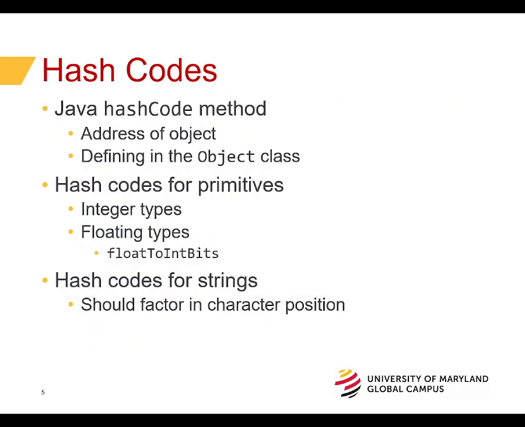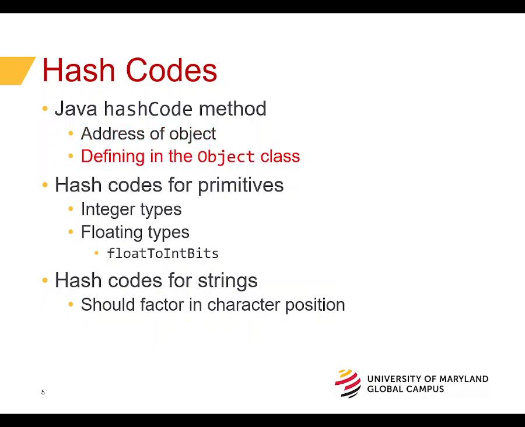Let's consider how we might construct hash codes for a variety of different types of keys. If the key is a Java object, we can use the hash code that is provided for all objects using the predefined hash code method. It uses the address of the object as the basis for the hash code.